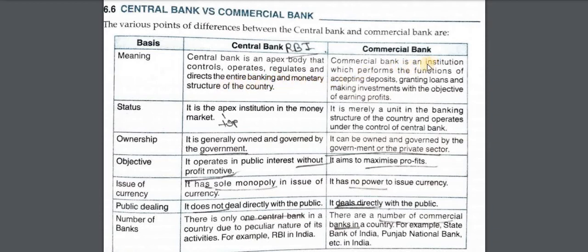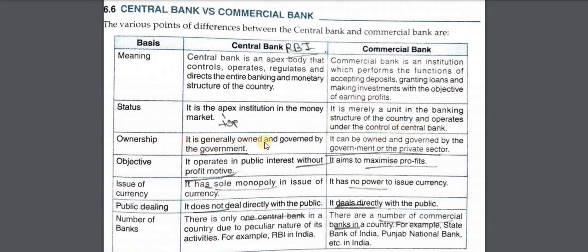Commercial bank is an institution which performs the functions of accepting deposits, granting loans and making investments with the objective of earning profits. Status: central bank is the apex institution in the money market. Commercial bank is merely a unit in the banking structure of the country and operates under the control of the central bank.